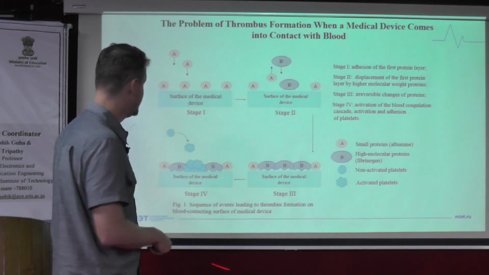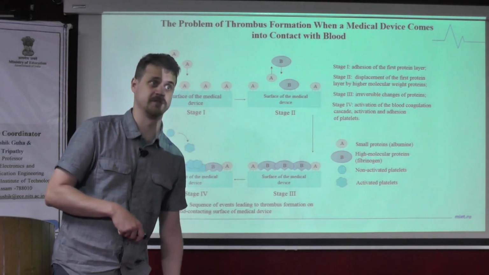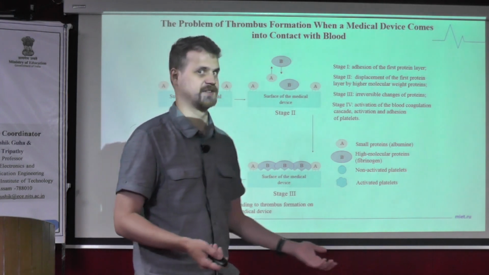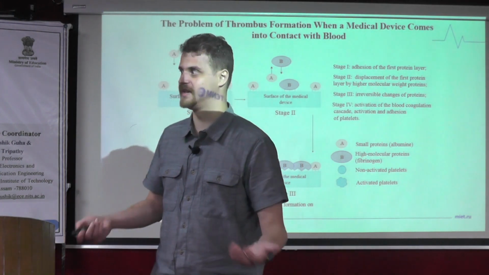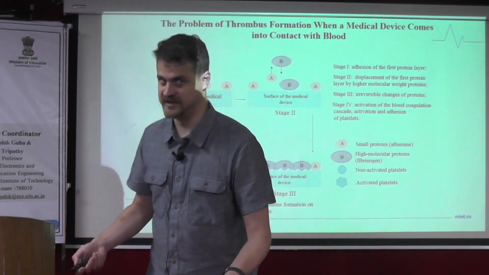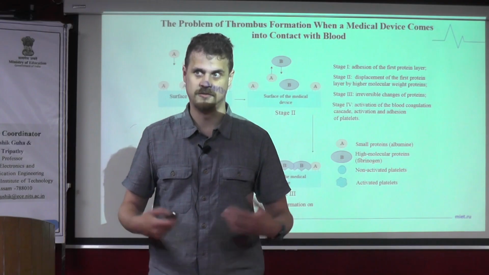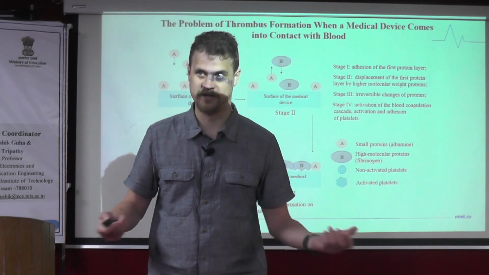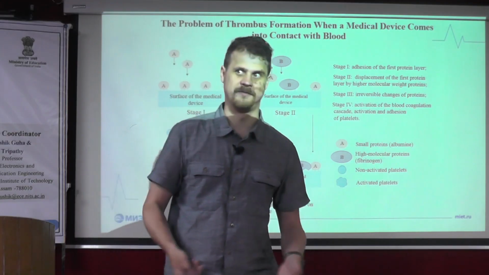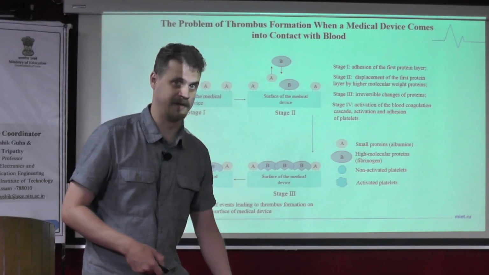So that's one of the mechanisms that leads to thrombosis formation. And the wonderful property of our blood, as I said, is that no matter how hard we work on the biocompatibility of the device we want to present, the organism always has the means to recognize that something is off. If something is wrong, the organism will start dealing with that.